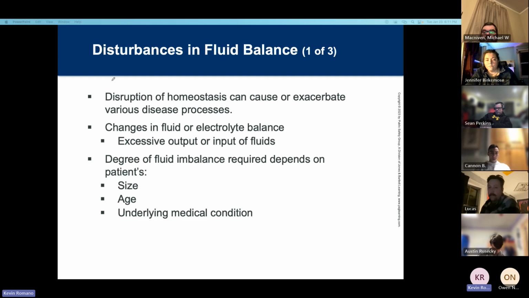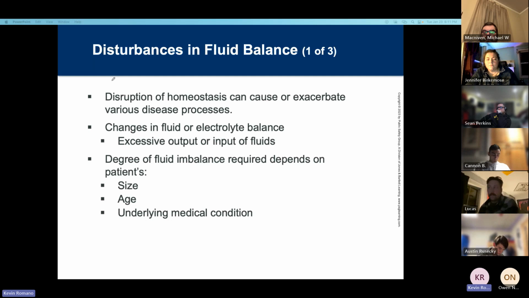Homeostasis can be upset in several ways, such as excessive output or input of fluids. The degree of fluid imbalance required to compromise homeostasis and cause illness depends on the patient's size, age, and underlying medical conditions, where fluid therapy is a fundamental step of resuscitation.